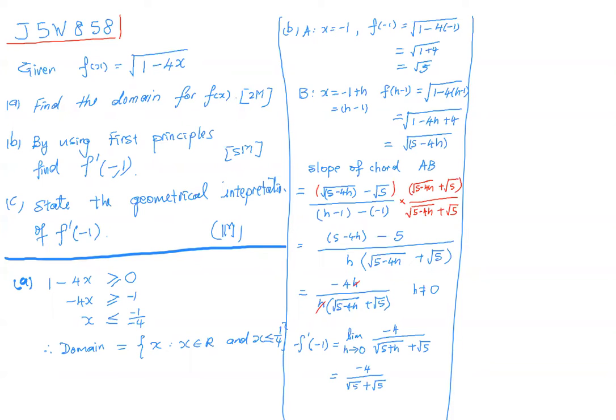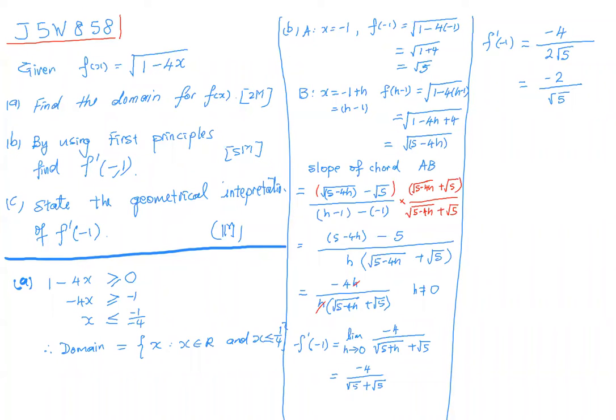Okay, so my f prime negative 1 will be negative 4 divided by square root of 5, one of them, plus another one, I have 2 of them. So I simplify.